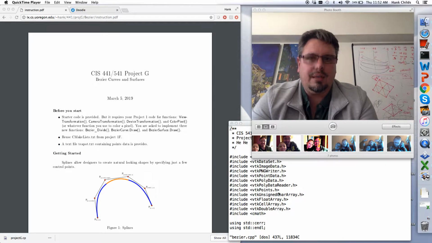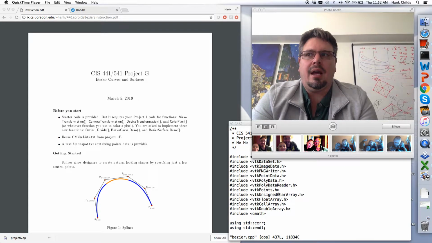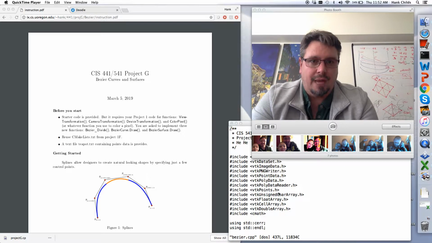And so the idea is that we've been rendering data sets that have surfaces represented as a series of triangles. And those triangles, if you're zoomed out, look good, and you see something that looks like a smooth surface. But if you zoom in, you see individual facets.